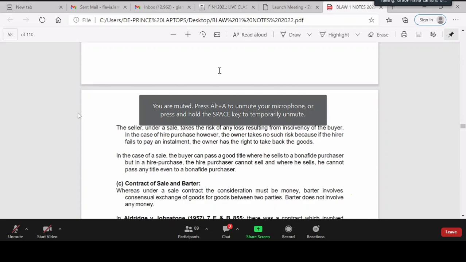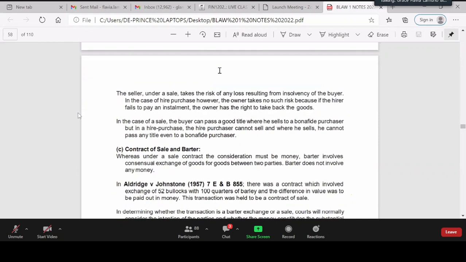Then still in a hire purchase contract, when you have bought goods as a buyer and you are still paying the installments, maybe you've bought a laptop, like I said, you're supposed to pay for 10 months, each month 100,000 shillings. So you've now paid for 3 months, but you feel you want to sell off the laptop and buy something else.